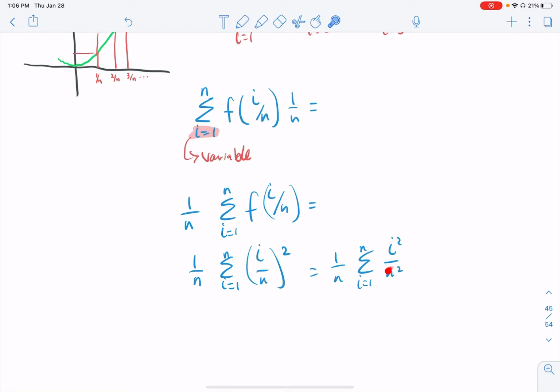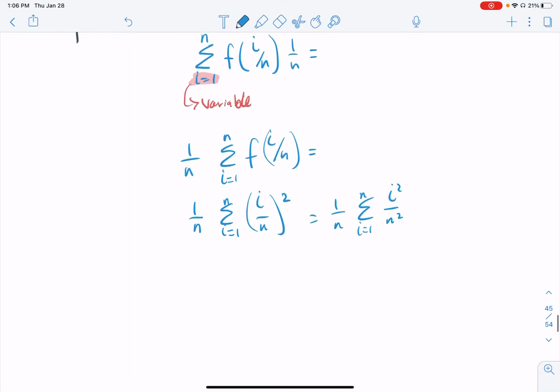So this n squared in the denominator is still a constant that can be factored out. It can multiply times this n, which is already here, and make this 1 over n cubed times the summation from i equals 1 to n of i squared.